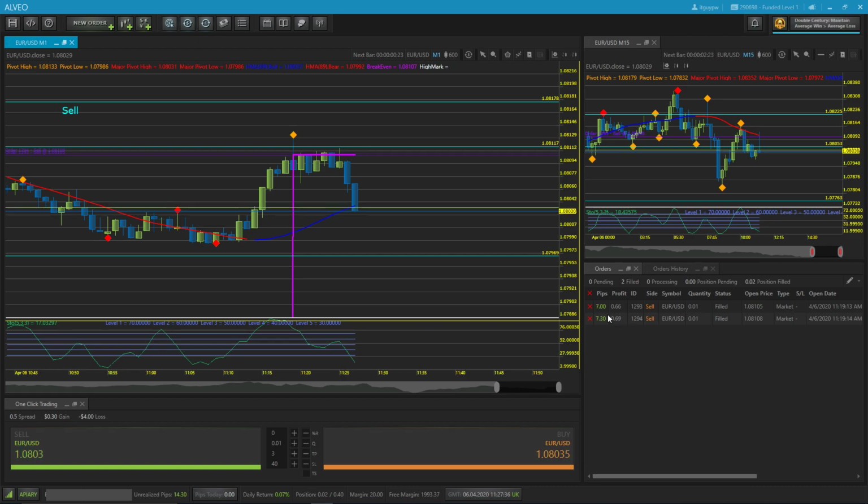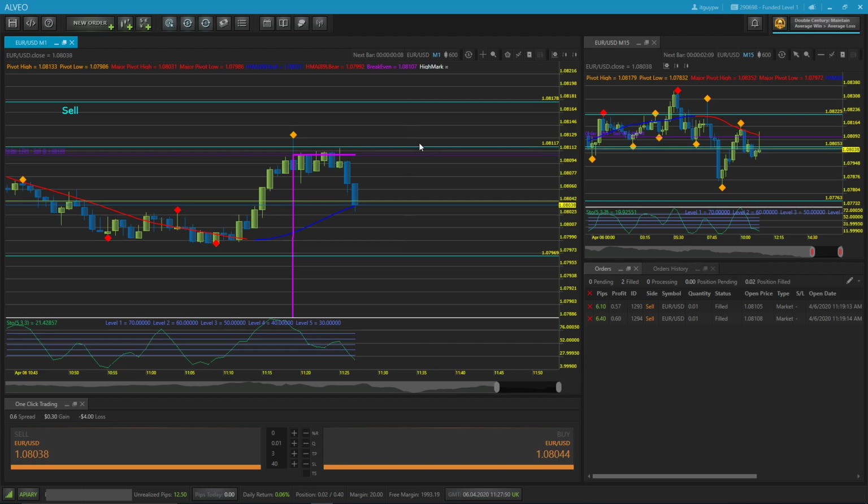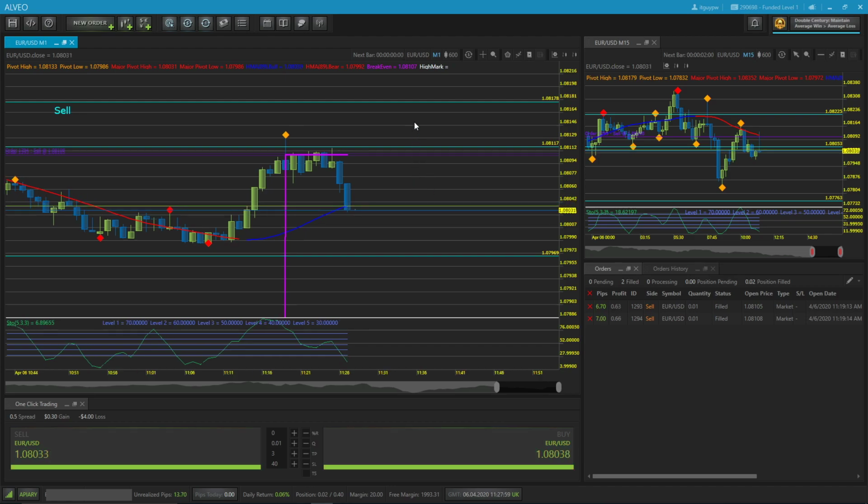So one or both of those will stay on until we have another apex. If the price comes back up past our apex trades and we take more trades, those will become our apex trades, and then we'll take profit on these and take those out as they go back down.